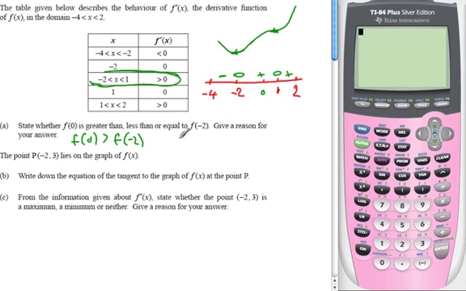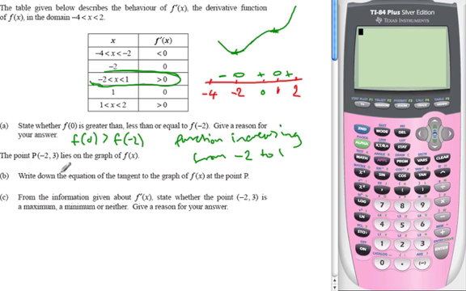So I could just say that the function is increasing from -2 to 1, which is this bit of information here.